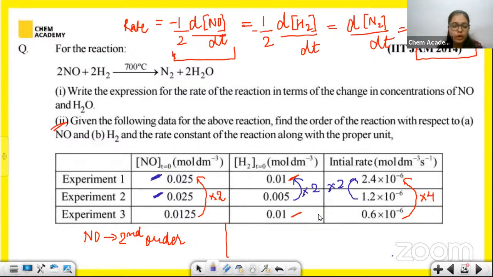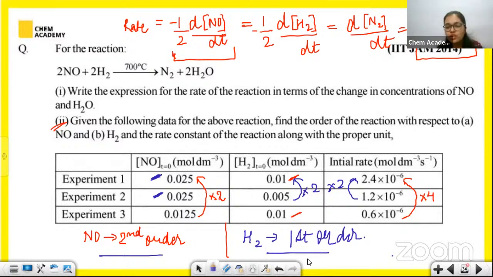So what do we conclude from this? On keeping the concentration of NO constant, if H2 is getting doubled, then the initial rate is also getting doubled. It means with respect to H2, the reaction is first order. Is it clear? So reaction is second order with respect to NO and first order with respect to H2.